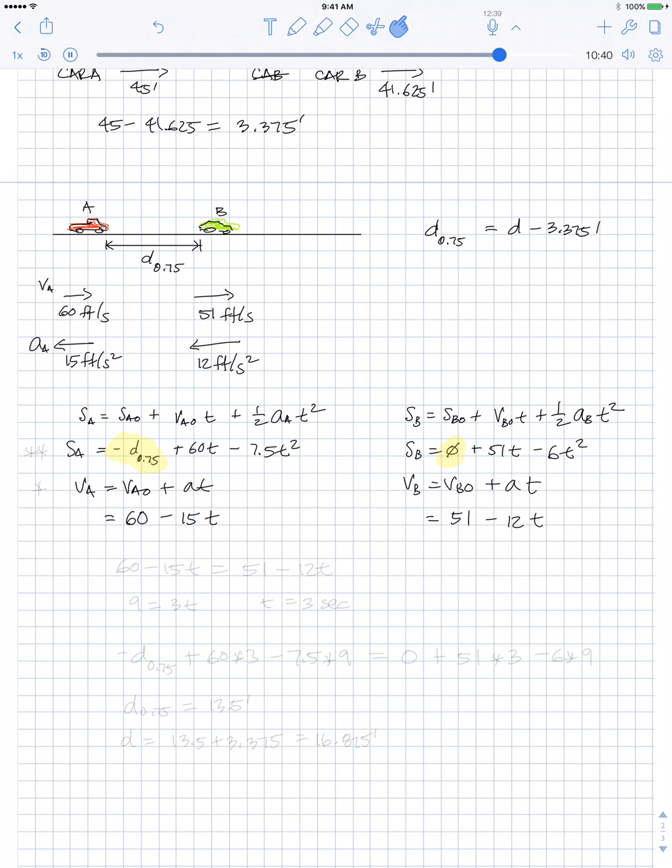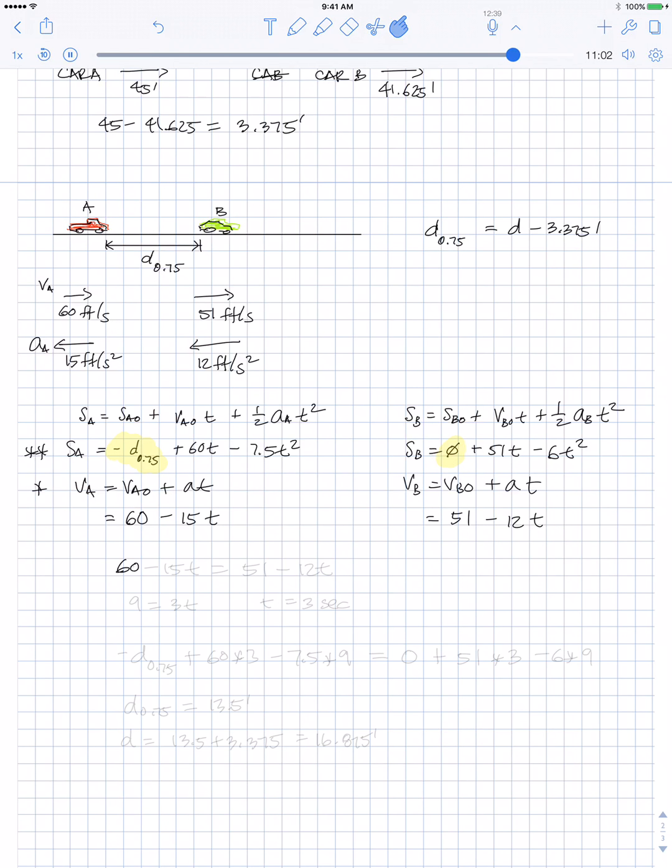Okay, so what we can do now is solve this one for T, and then plug T into there, and set those two equal to each other, and then solve for D 0.75, and then don't forget to add the 3.375 feet. Okay, so here we go.